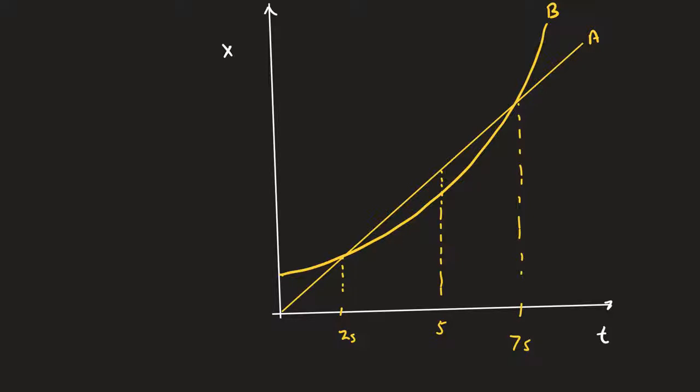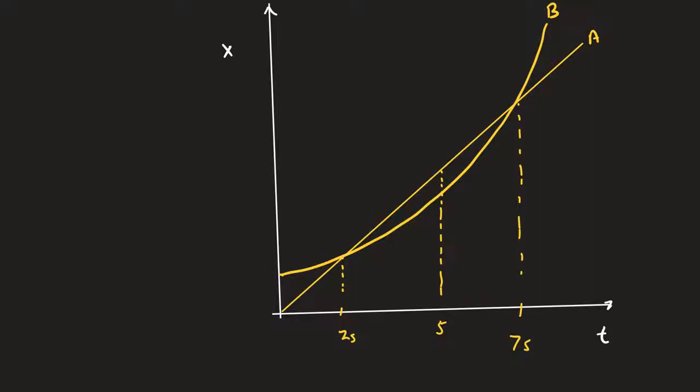I'm looking at the 2-second, 5-second, or 7-second. Where do they quite possibly have the same speed? Raise your hand if they have the same speed at the 2-second mark. The 5-second mark. The 7-second mark. All right, very few of you voted.